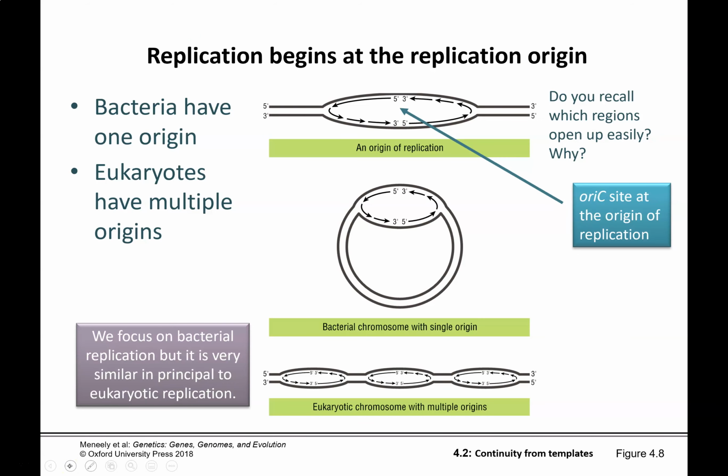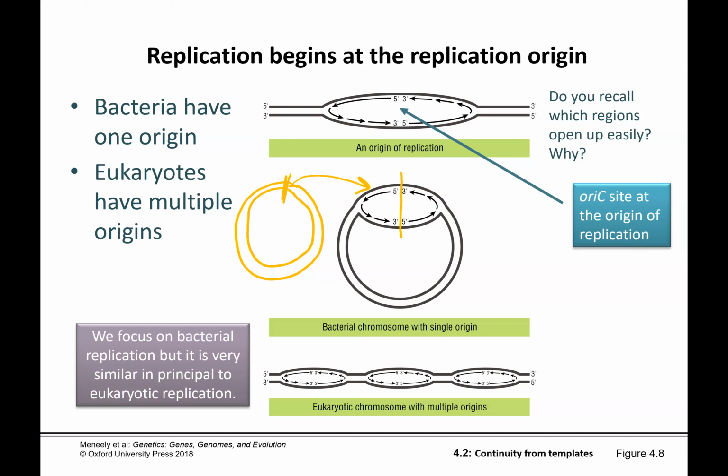All right, so replication is going to begin at what we call an origin of replication. In bacteria, remember, we have a circular chromosome, and bacteria have one origin of replication, so a helicase molecule is going to bind here while it is still closed and pull it apart, essentially making a little bubble where the replication machinery can get in there.